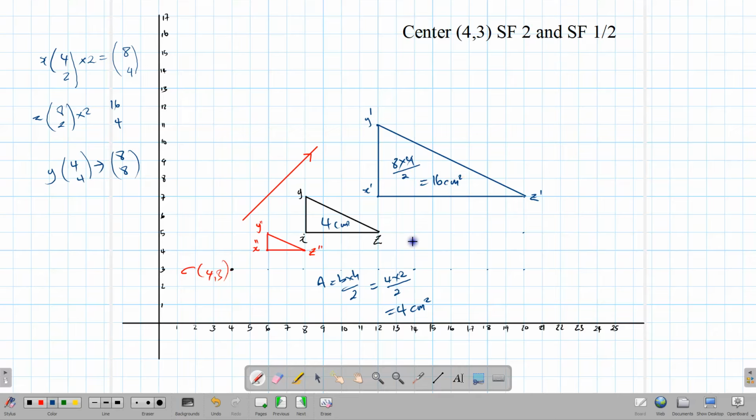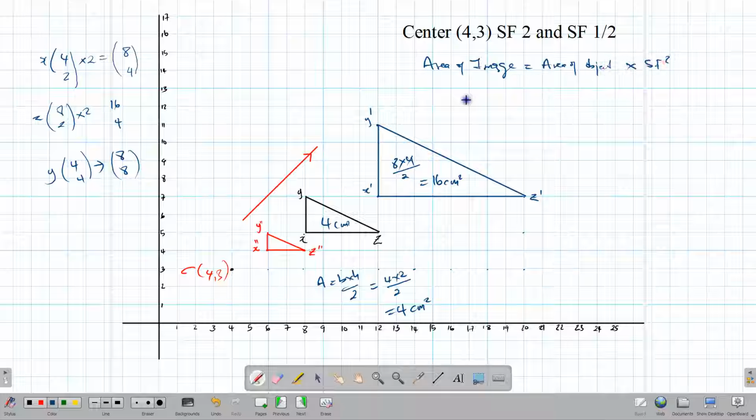So there's a relationship that exists between the area of the image, the area of the object, and the size of the scale factor. And it is this. If we want to find the area of the image, then area of image is equal to area of object times scale factor squared.